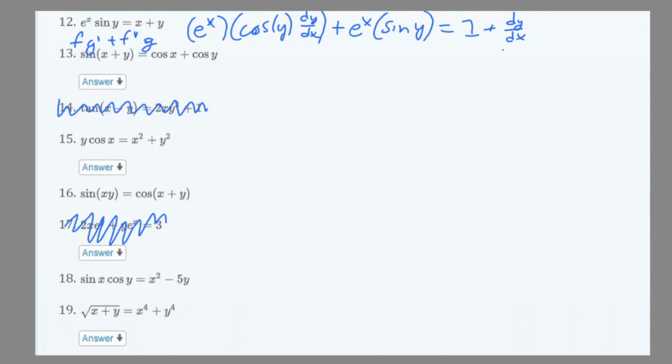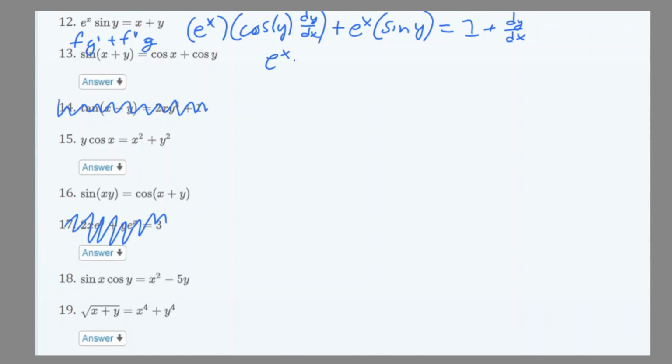This is a lot to look at. Let's keep dy/dx on the left side. So this is going to stay here. We're going to have to subtract this to the other side because there's no dy/dx. So we rewrite all of that.